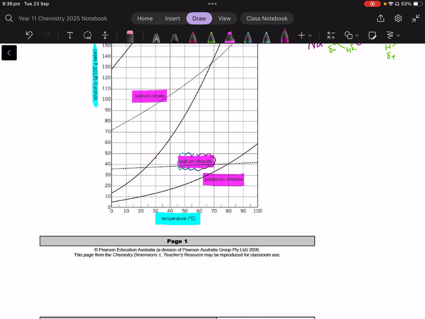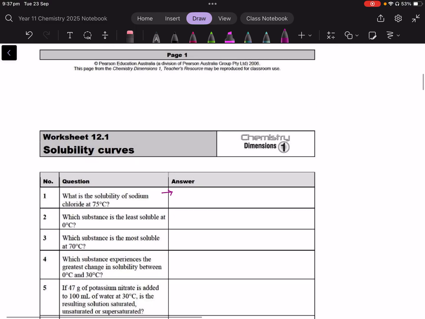So I'm going to really just plot on my graph a line that takes me across to approximately 40 grams. So 40 grams dissolving in 100 milliliters of water at 75 degrees. And you can see that sodium chloride doesn't actually change a lot over the range of temperature shown on this graph.